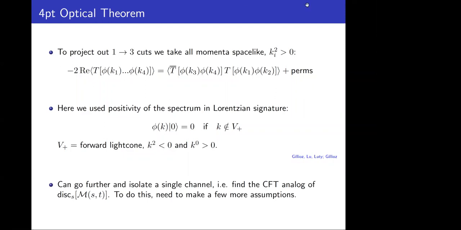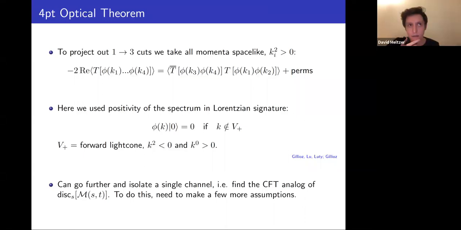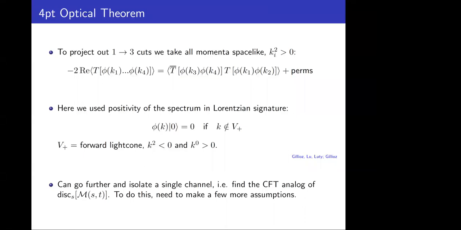David, quick question. Following up on the earlier comment, your identity applies to a general quantum field theory, and going on shell literally reduces to Cutkosky's rules, right? It was the going on shell part that removed your 1 to 3 cut in a normal quantum field theory.